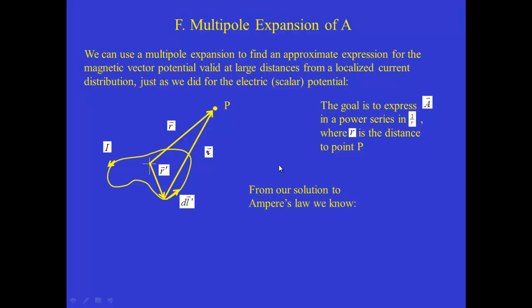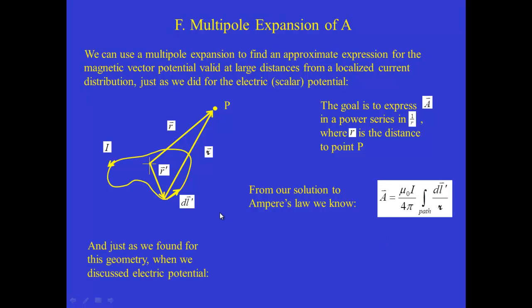From our solution to Ampere's law, we know as our starting point that the magnetic vector potential can be written mu naught I over 4 pi times the integral along a path of the vector dl prime over script r. Just as we found for this same geometry when we discussed electric potential, we can write down this power series expansion of 1 over the distance script r, which appears in the integrand for the magnetic vector potential just like it did for the electric potential.